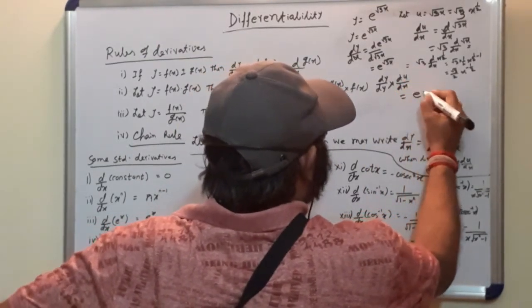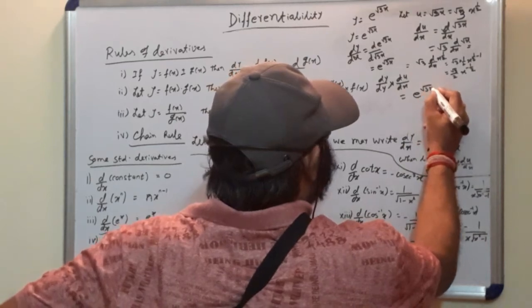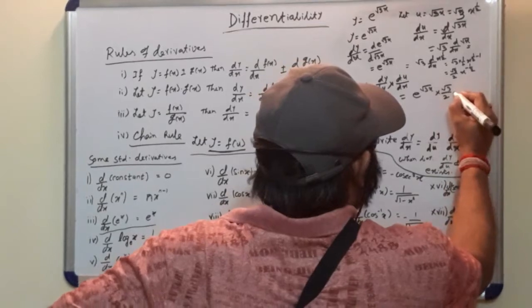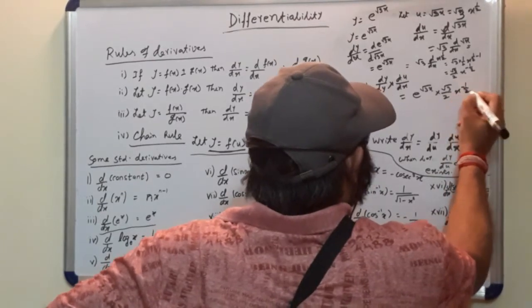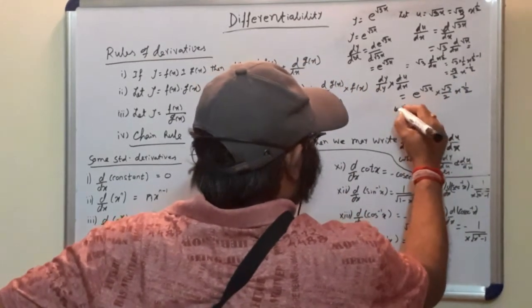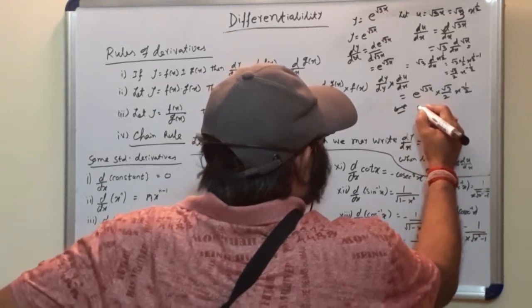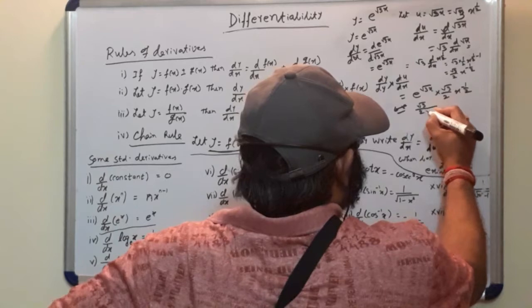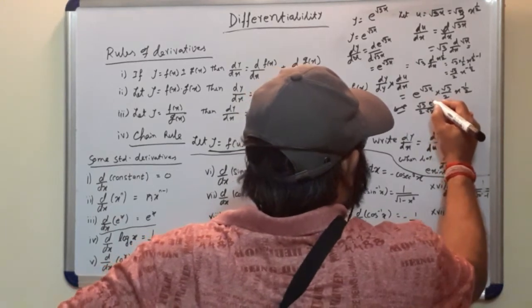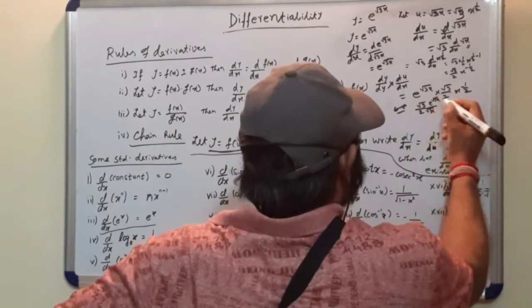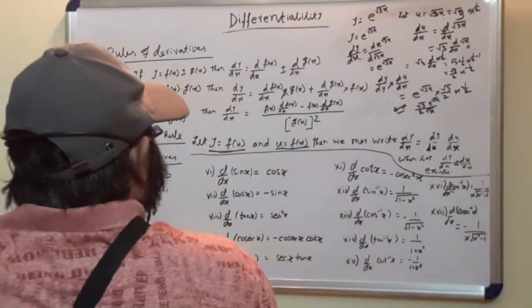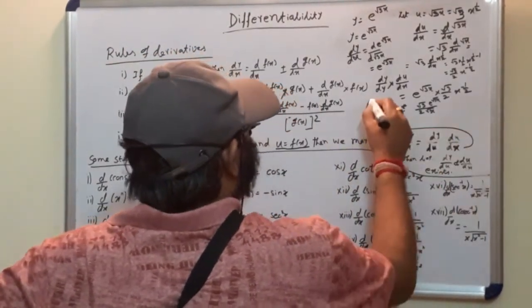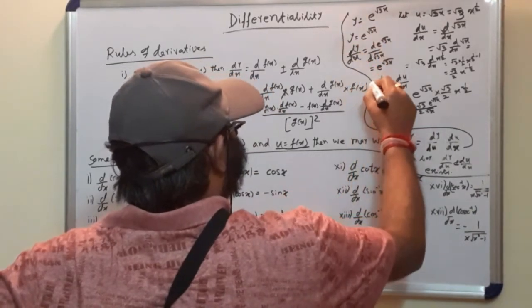It means e to the power root 3x into root 3 by 2 x to the power minus half, or we can take it equal to root 3 by 2 root x e to the power root 3x. So that is the chain rule. Through the chain rule we have solved this problem.